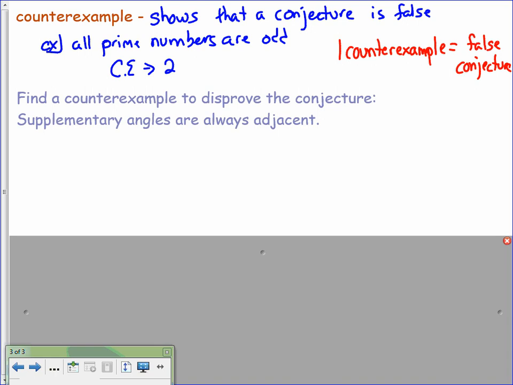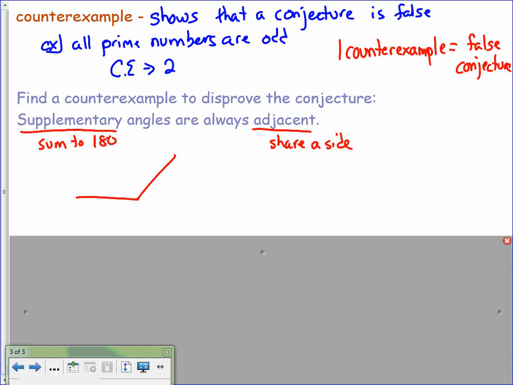Find a counterexample to disprove the conjecture supplementary angles are always adjacent. So we know that supplementary means sum to 180, and adjacent means they share a side. Is there a way to draw a pair of angles that sum to 180 that don't share a side?